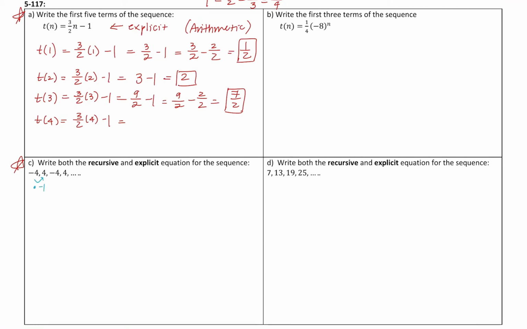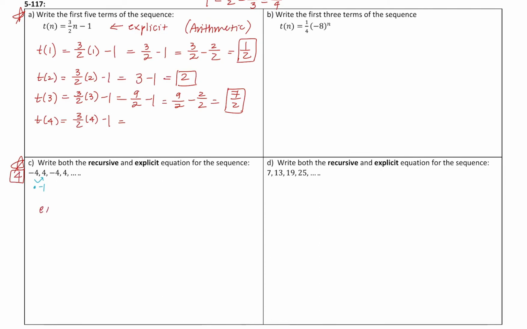You can check: 4 times -1 is -4, -4 times -1 is positive 4. It's alternating. So it's multiplying by -1 each time, and a multiplier can be negative. I'm also going to find the 0th term by going backwards. If -4 is the first term, my 0th term will be positive 4.